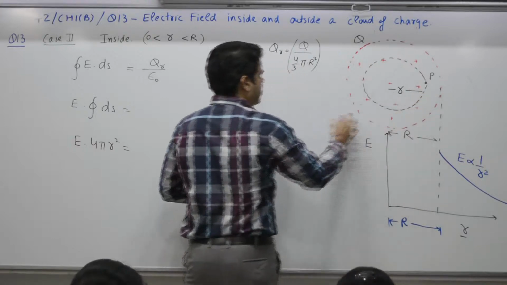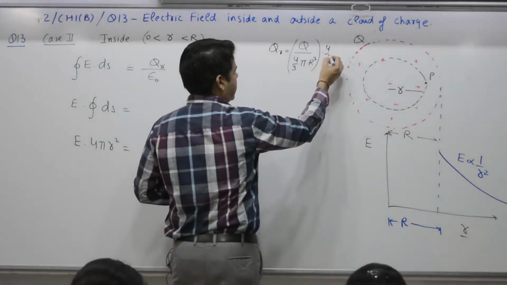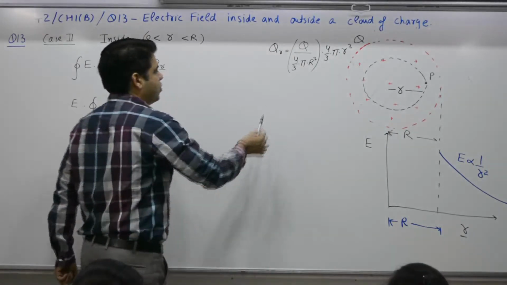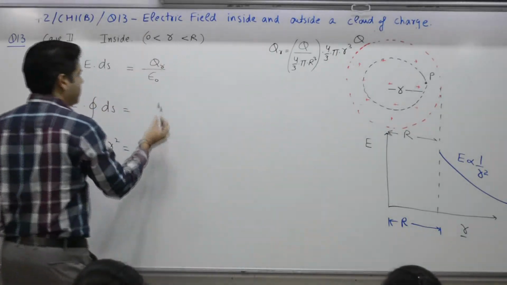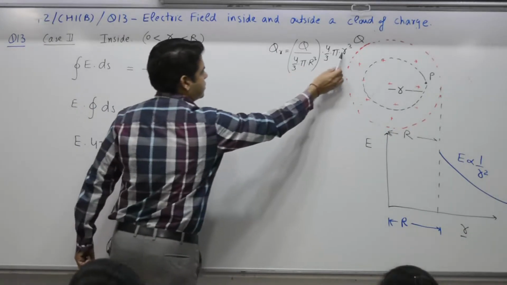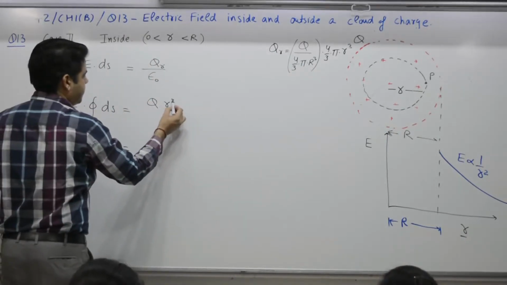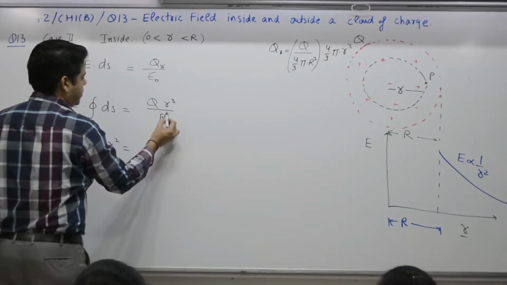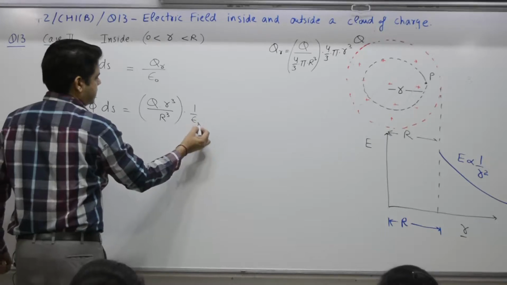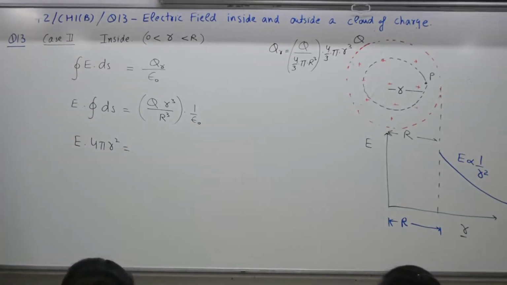Volume of this black part, 4 by 3 pi r cube. So 4 by 3 pi is cancelled. What you get is Qr is equal to Q into small r cube by capital R cube. That is the only challenge. This 1 by epsilon naught as it is.